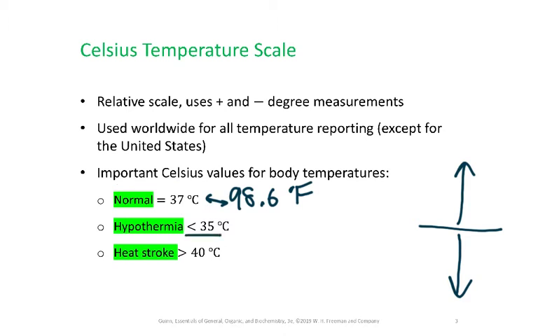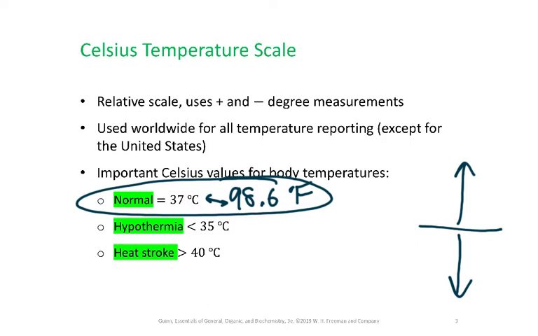Notice, hypothermia is less than 35. So notice there's still 2 degrees difference between 35 and 37. This 37 degrees and 98.6 are what you would call a population average.